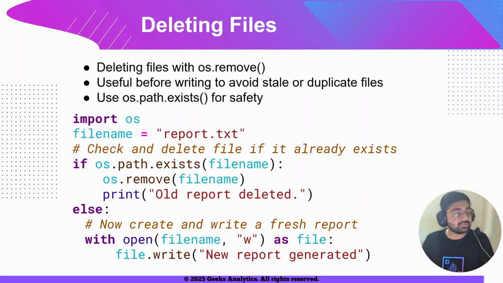Next we have the deleting files option. When we write to a file, we often use write mode, which automatically overwrites existing content. But sometimes, especially in data pipelines, log management systems, or batch file creation, we might want to delete the file entirely before writing fresh content, because sometimes there could be issues with file overwriting.